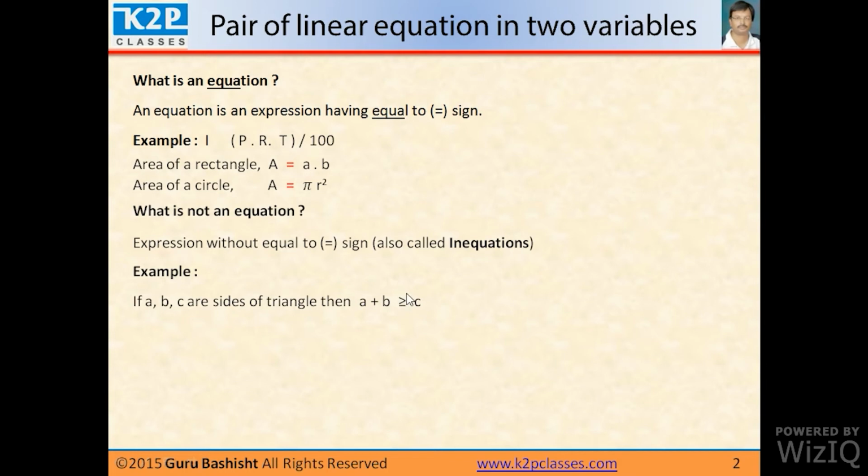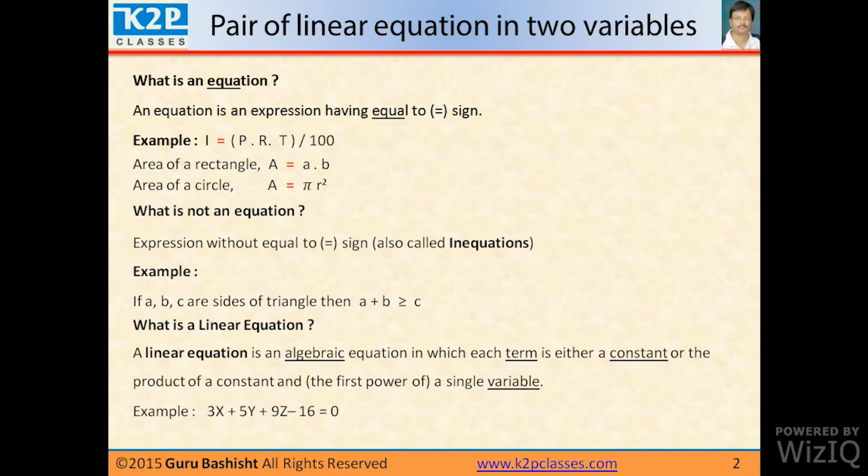Now the second term is linear equation, an algebraic equation. Remember, it has constants and variables, and the power must be 1. Like 3x plus 5y plus 9z minus 16 equal to 0.